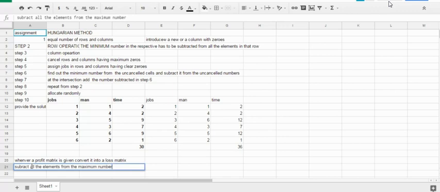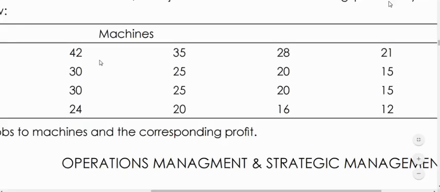So what does this mean? This means that here the maximum number is 42. So 42 minus 42 is 0. 42 minus 35 is 7. 42 minus 28 is 14. 42 minus 21 is 21.